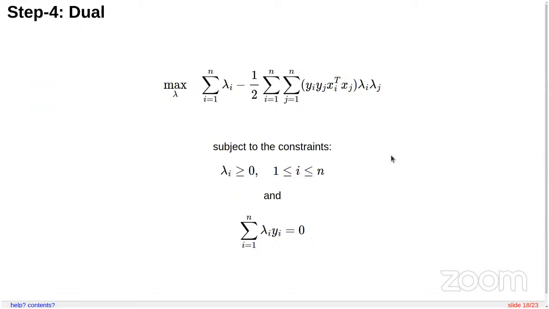The point to note is that from trying to minimize the objective in terms of weight and bias, we have come to a form where we try to maximize in terms of the Lagrange multipliers lambdas. There is absolutely no involvement of W and B in this.